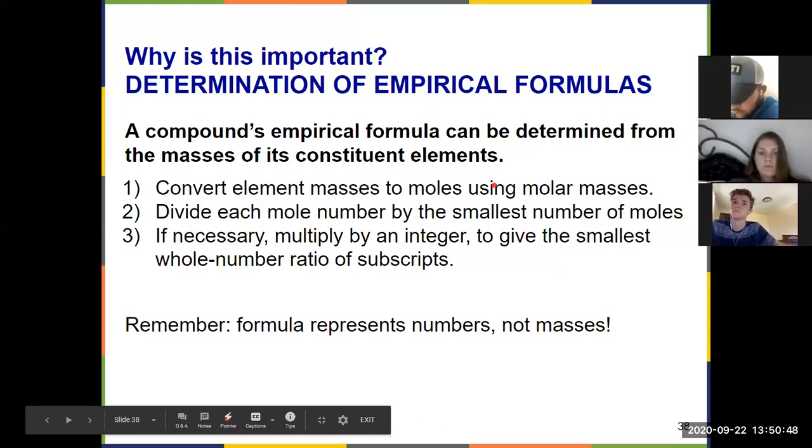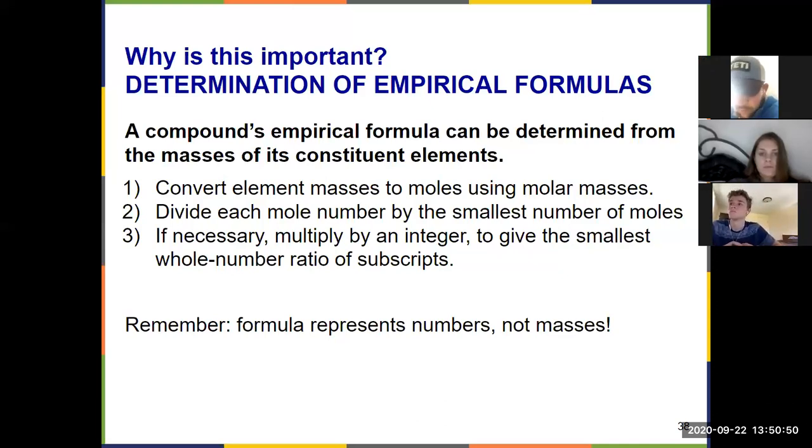Then we take those new numbers, which are with the unit of moles, and we divide them by whatever number has the smallest number of moles, because that's giving us the relative numbers to one another. And then after we do that, if any of those new numbers aren't an integer, a whole number, then we have to multiply by a number to give the smallest whole number ratio.